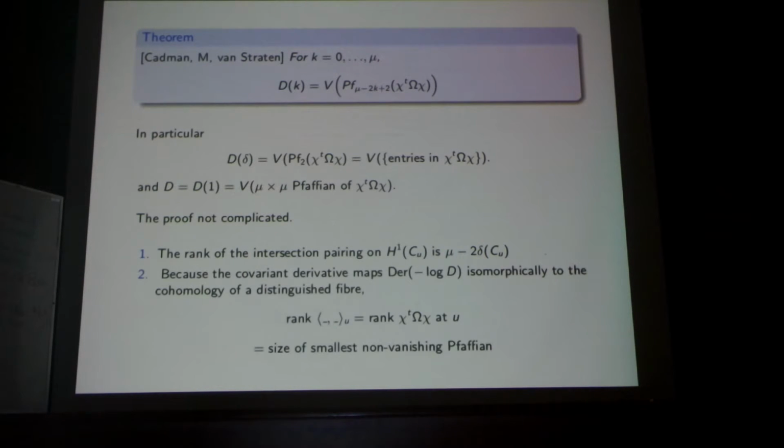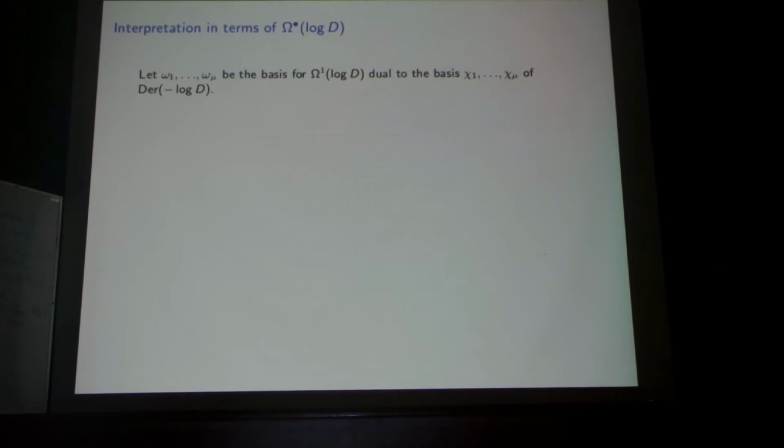And then, because the covariant derivative maps Der minus log D, maps the tangent space isomorphically to the cohomology of a distinct fiber, it follows that the rank of the intersection pairing is the same as the rank of the skew matrix, which is the size of the smallest non-vanishing Pfaffian. So that's all one needs to prove this statement. So we get for free a set of equations of all of these strata.